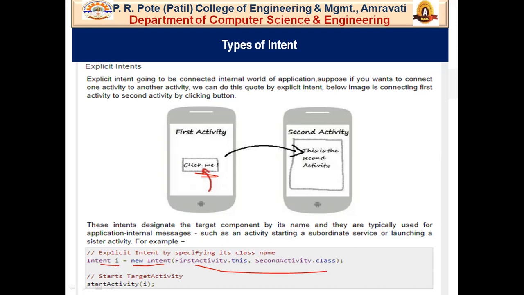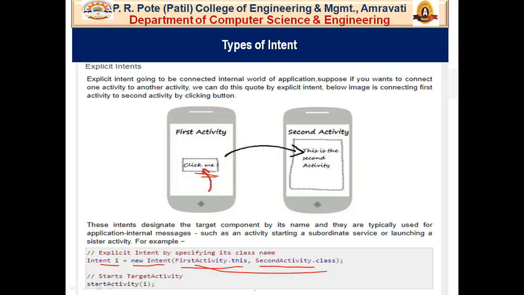So this is the calling class. The first activity dot this is the calling class, that is the first argument, and this one is the destination, which is the second argument, meaning which I want to call.